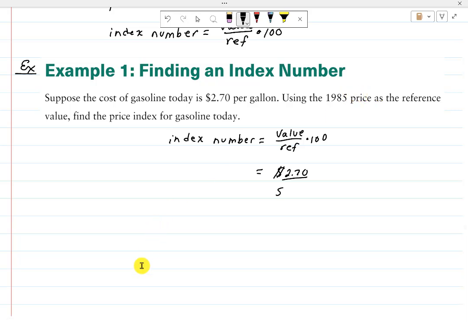So I'll put $1.20 here, and then you've got to multiply by 100. Notice that the dollar signs will disappear here. And I think you'll find this equals 225.